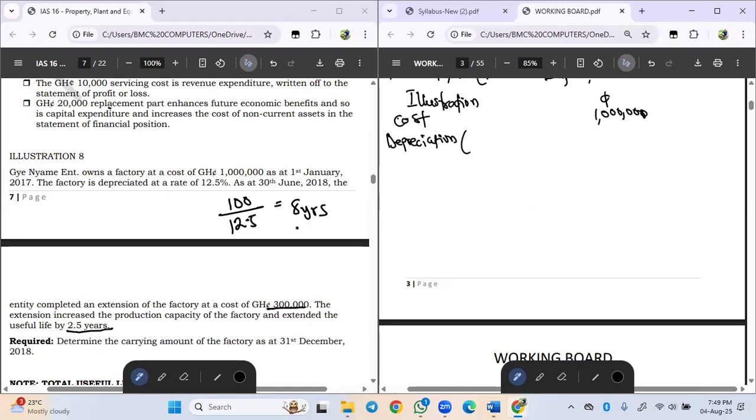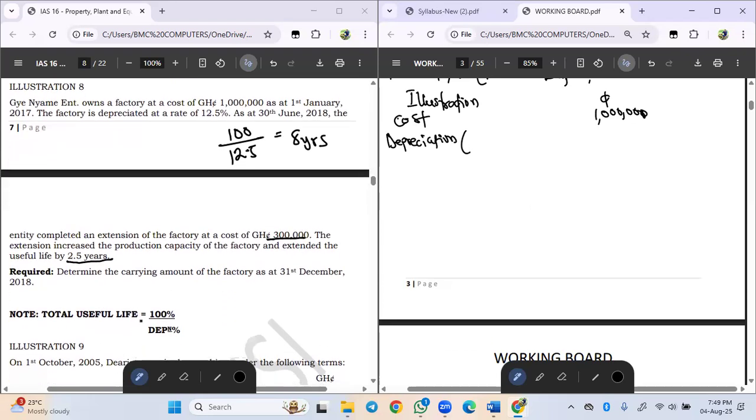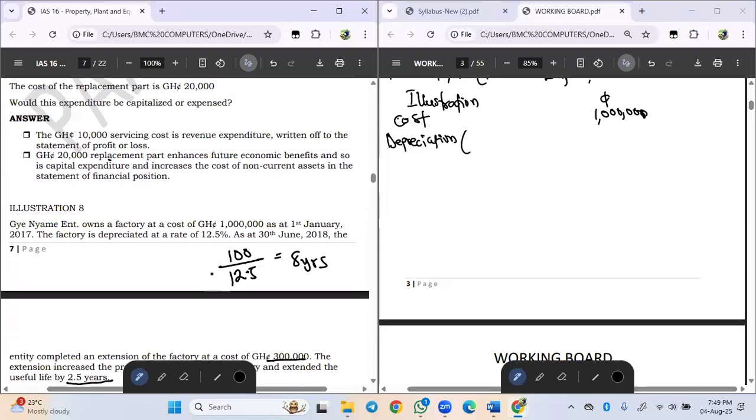Now you've determined the useful life of the assets. I even gave a hint here. You are saying that total useful life is determined as 100% over the depreciation rate. So this one is a clue. Here you can just do the rate that was given, 12.5% times the 1 million. That's the cost.